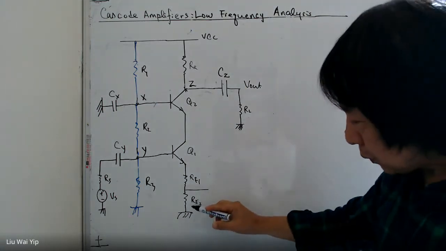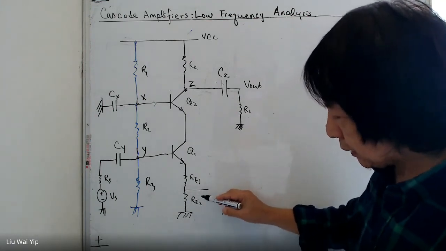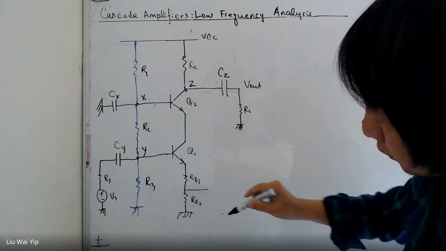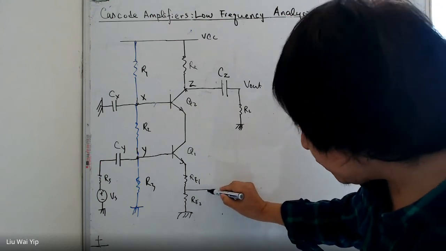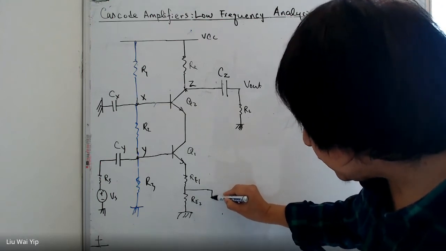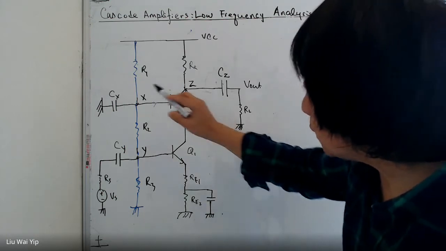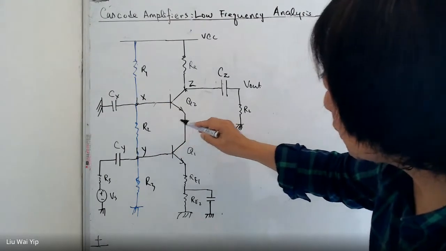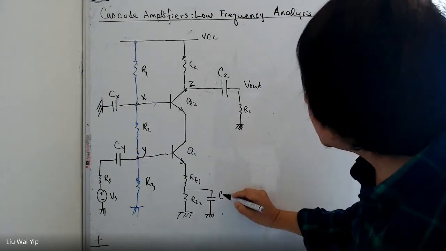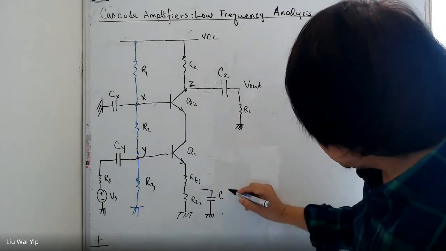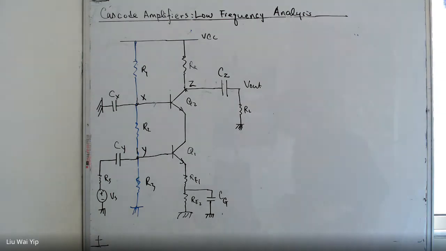And don't forget that we also need a capacitor here to adjust the tail resistance. So normally you can have a capacitor here, say C1, CG.